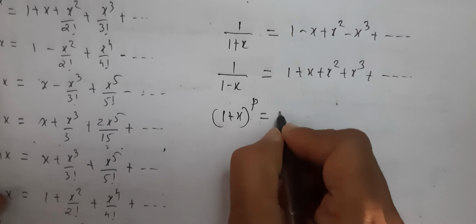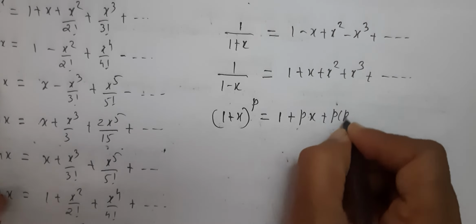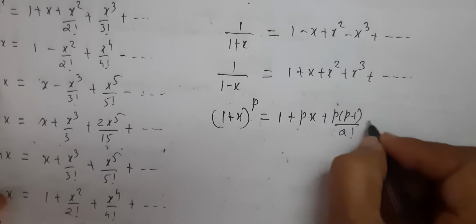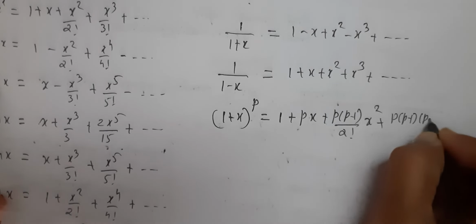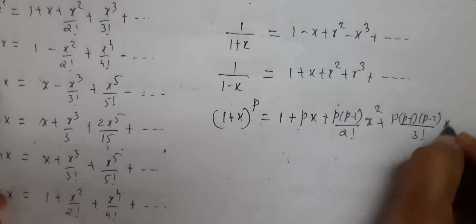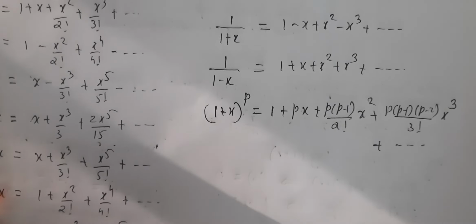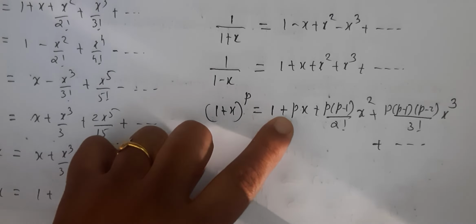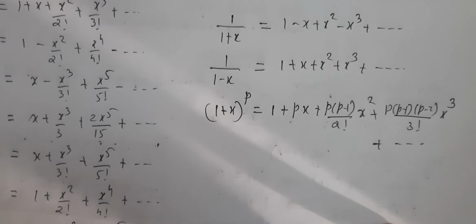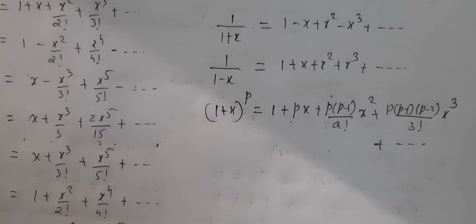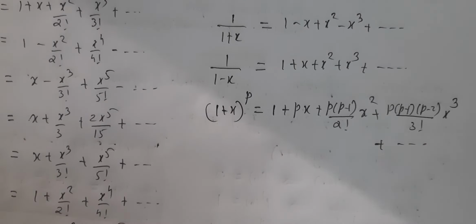I can have it as 1 plus p into x plus p into p minus 1 upon 2 factorial x square plus p into p minus 1 into p minus 2 upon 3 factorial x cube etc. So you can see again this p is pC1, this is pC2, this is pC3, just to remember in that way, because here p being a fraction we cannot define pC1, pC2, these are undefined terms.